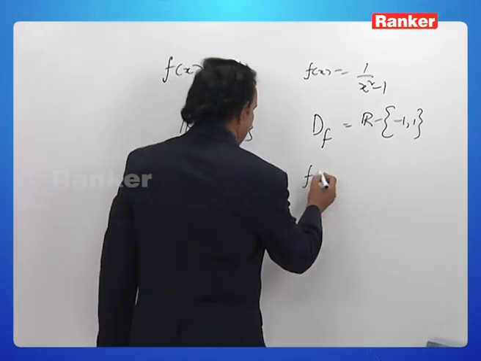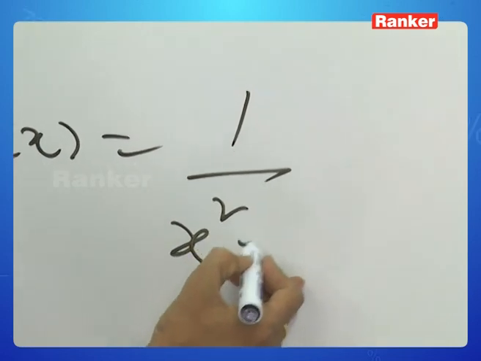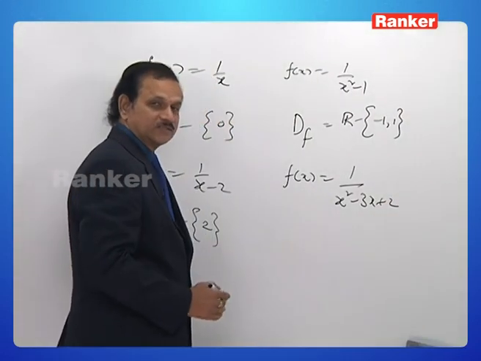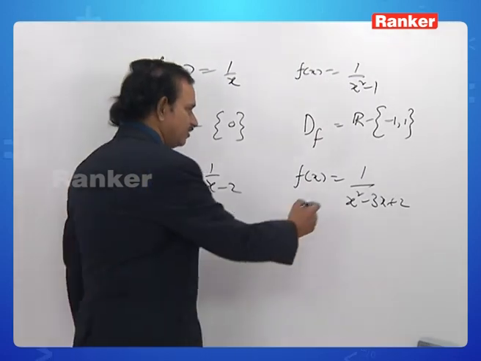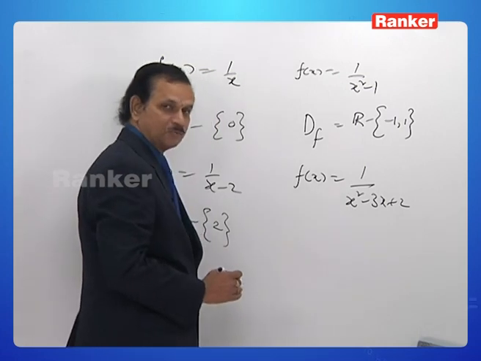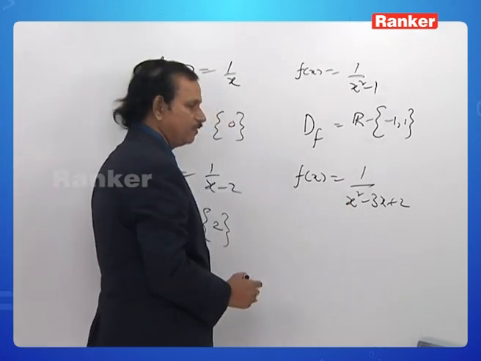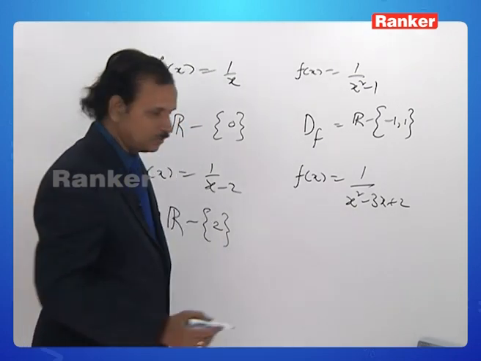Again, one more example. Suppose f(x) = 1/(x² - 3x + 2). In this case, it is also a very easy procedure to know those points which make x² - 3x + 2 equal to 0. They are nothing but x = 1 and x = 2.